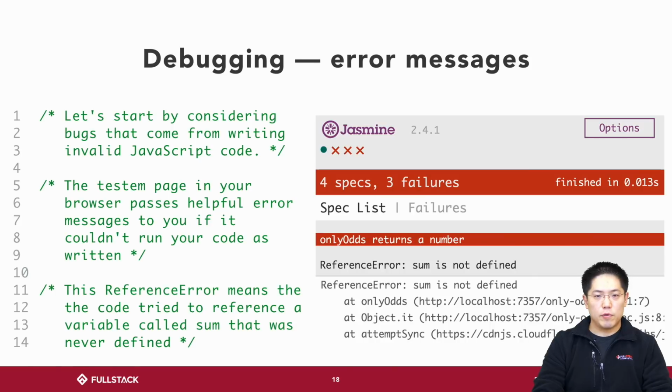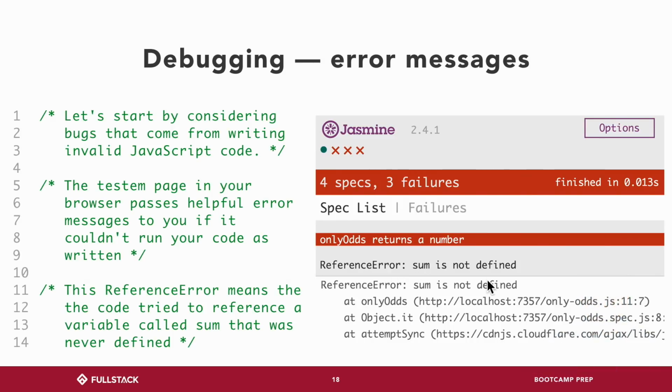For example, this reference error here, sum is not defined, means that the code tried to find a reference to something, in this example, sum, and that was never defined. So sum is not defined, it's a reference error. And what's cool is that it even tells you the line that it had that problem on. It says it was at onlyOdds, which is typically a function, in onlyodds.js, line 11, column 7.